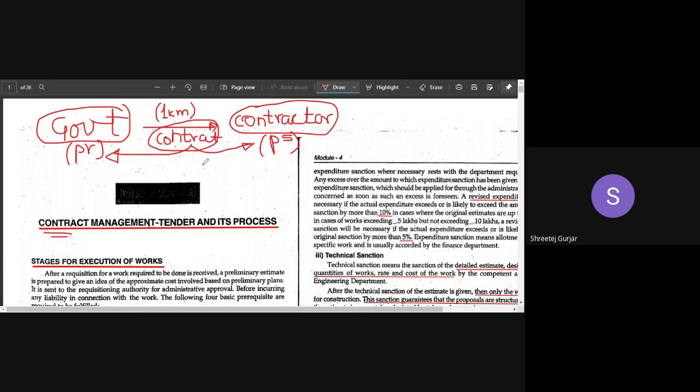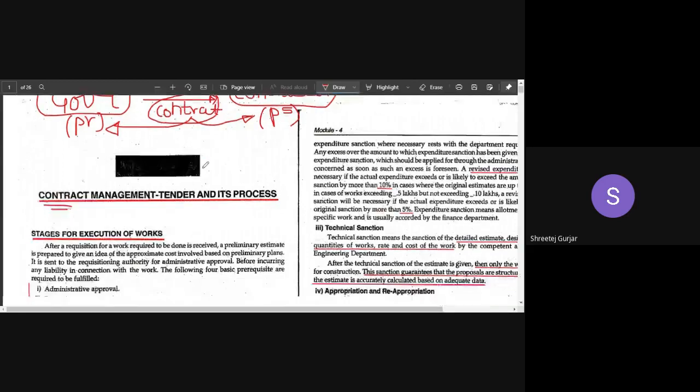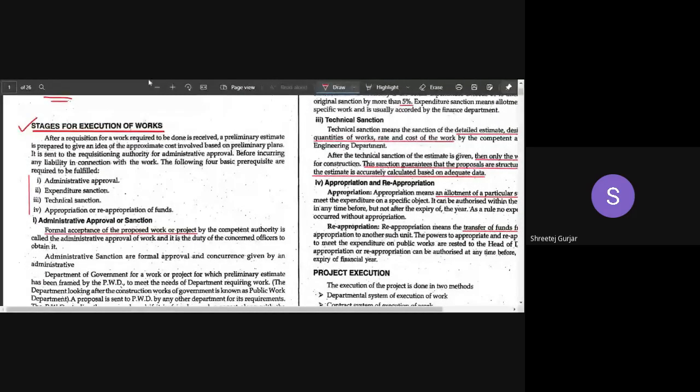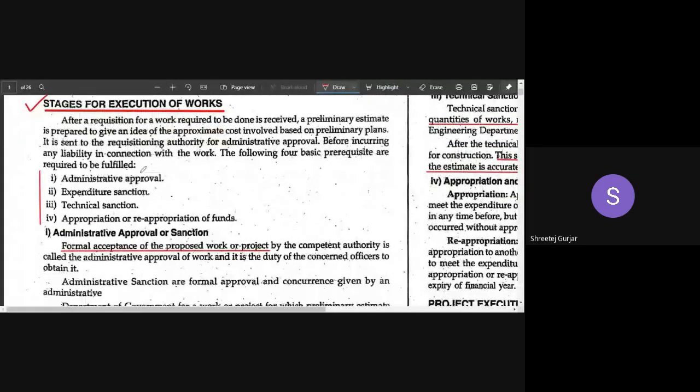Next, after we have understood the contract, we have to learn the various stages of execution of works. Suppose you are part of a company that does building works, a residential building construction firm, and you are part of that firm.